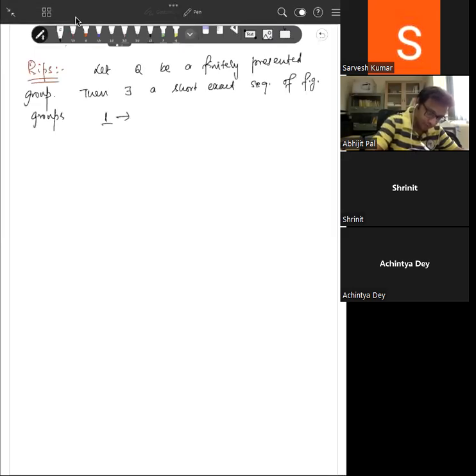1, K, G, Q. So Q sits as the quotient, such that this G is a hyperbolic group and K is a finitely generated group.